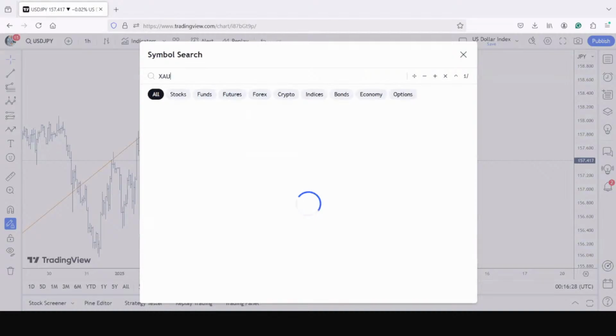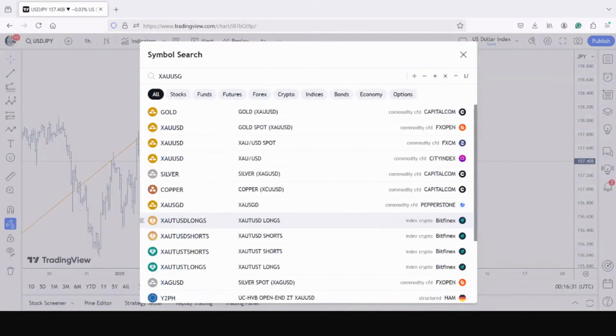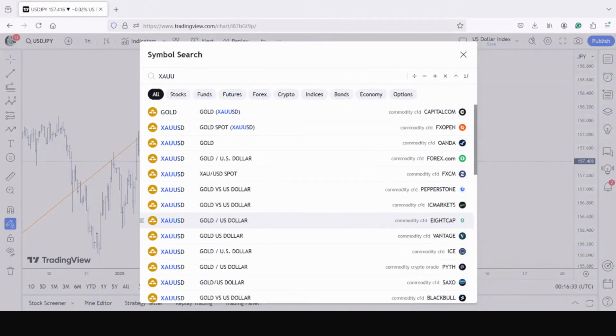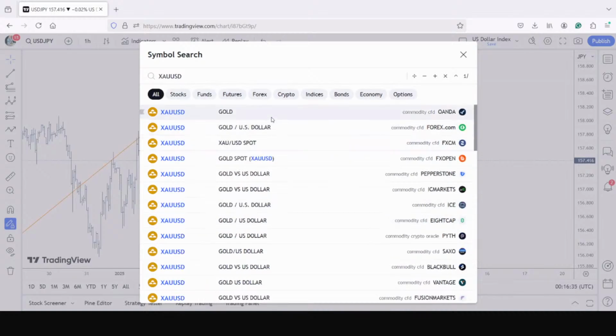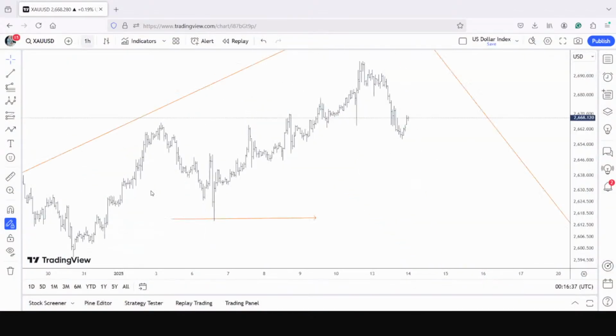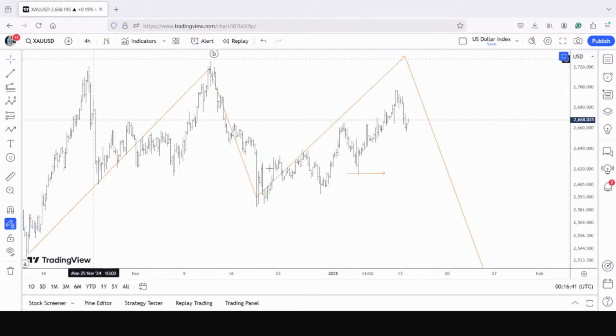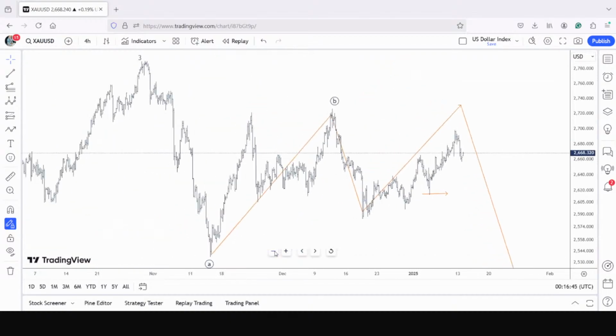Okay, let's have a look at gold, what the story is being told there. I'll quickly flip the chart to a 4-hour time frame. There you are. Please have a look. Let's have a look at the larger degree first.